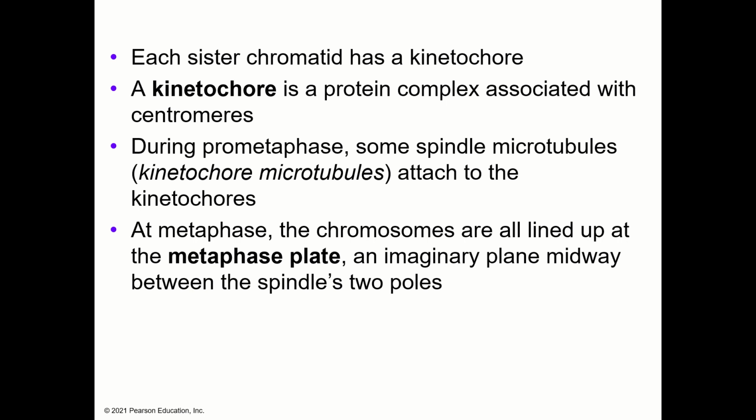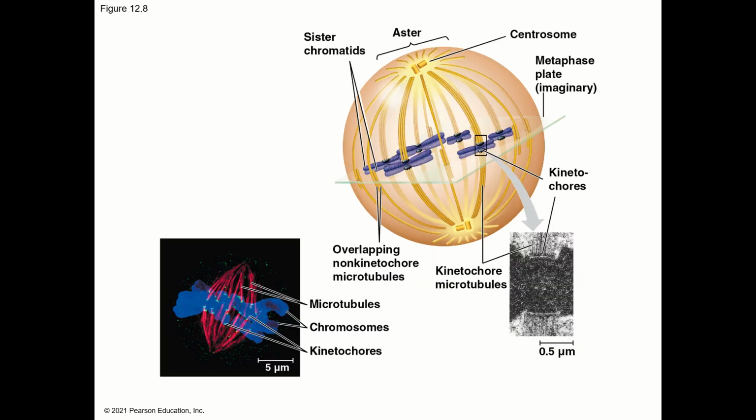At metaphase, the chromosomes are all lined up at the metaphase plate, which is an imaginary plane midway between the spindle's two poles. And here we just have a visualization of all those different components and the different types of tubules, kinetochores, and chromosomes, where they attach and whatnot.